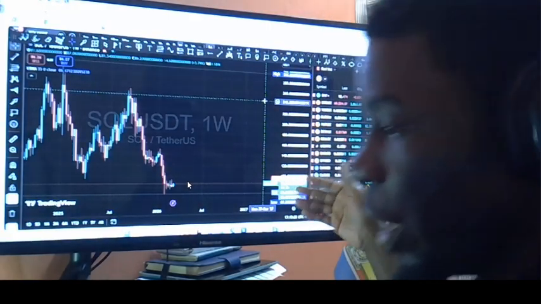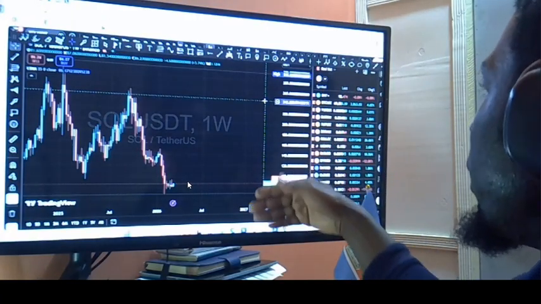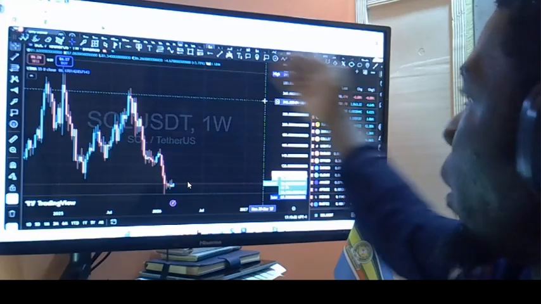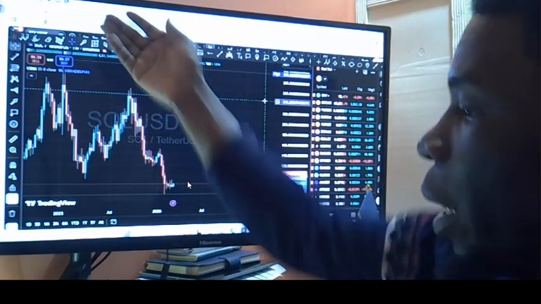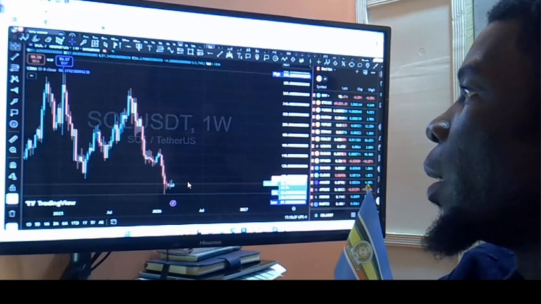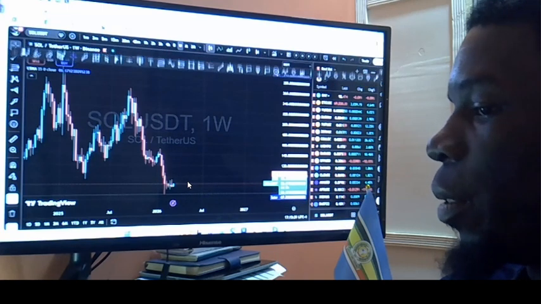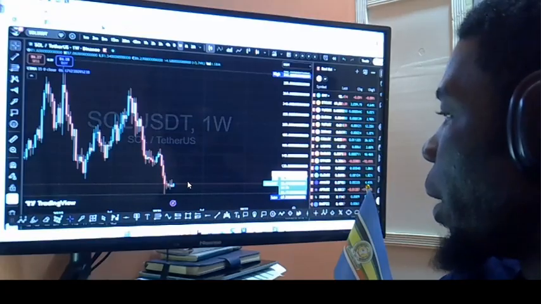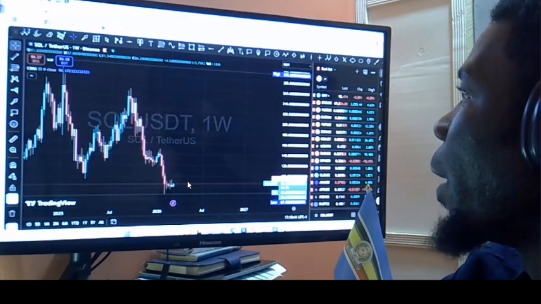For those who don't understand TradingView's interface, you can shift these icons the way you want them. You can bring them onto the table and they stay there, or you can put them up there.